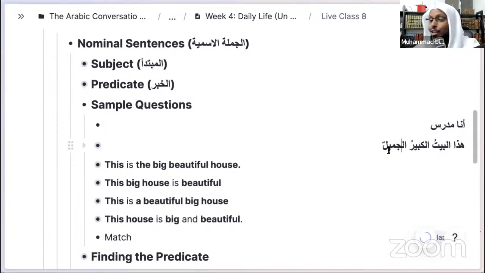No problem. I can say هذا البيت الكبير الجميل الجديد الواسع. You can continue, and your sentence will still not be complete, even if it consists of 50 words. Is that clear?